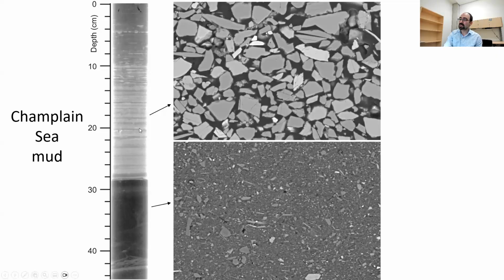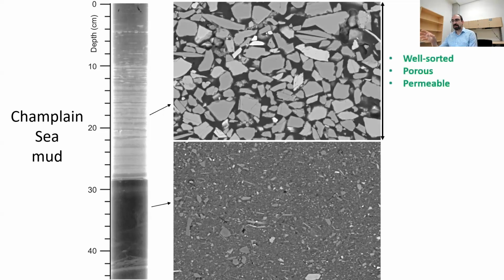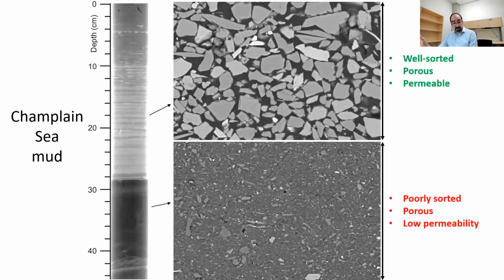Here we have this nicely well-stratified sediment. There's no scale bar, but the silt in the upper part of the image is medium to coarse silt. All of the black that you see is resin. This is a well-sorted, porous, permeable sediment, and in contrast, the clay-rich sediment shown in the lower part of the slide is poorly sorted, and likely porous.